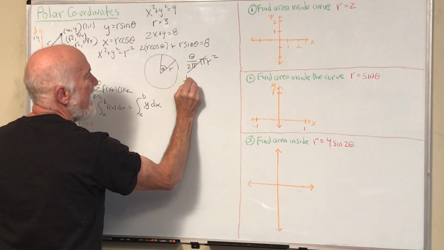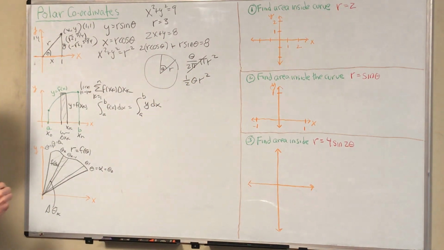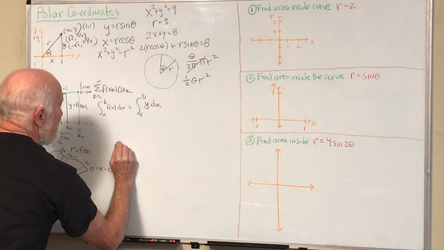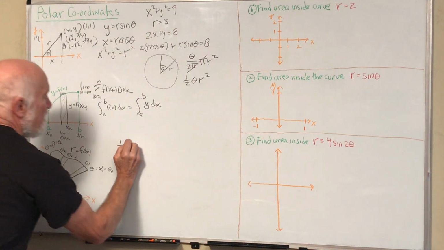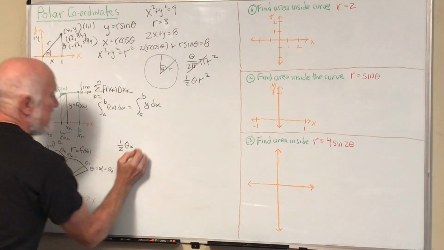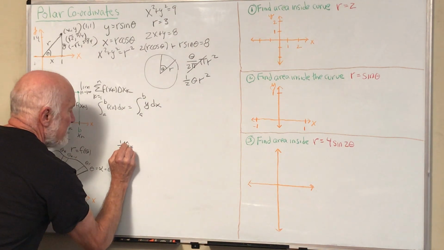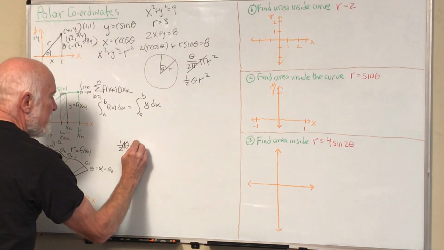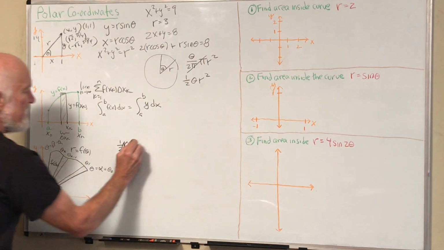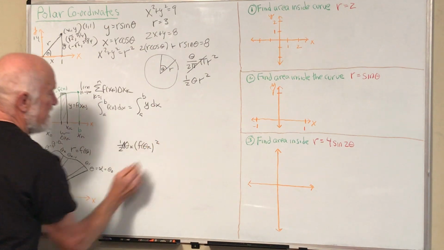So you get 1/2 theta r squared to get the area of that. So in this case, we have 1/2, but it's actually going to be delta theta sub k times r squared. And r is going to be f of theta sub k squared.